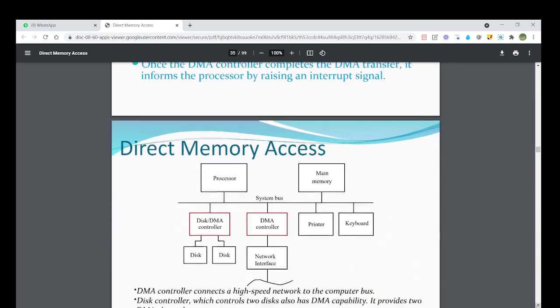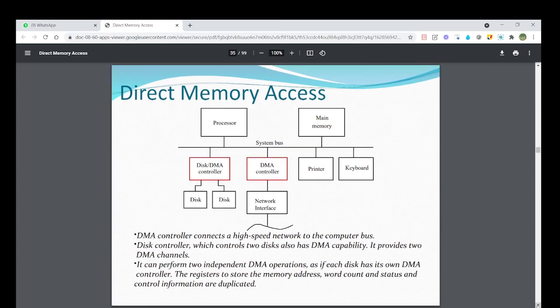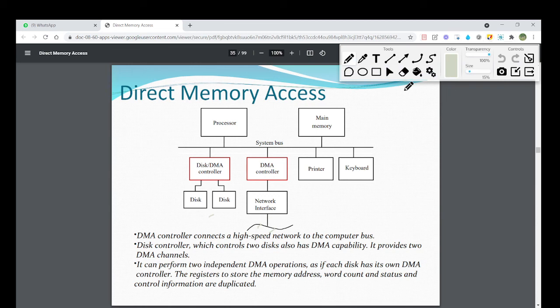Here is a diagram which shows how we use the system bus and the DMA controller. This is a system bus. To this system bus, different units of the computer, that is the processor, main memory, and input output devices like printer and keyboard, are connected.